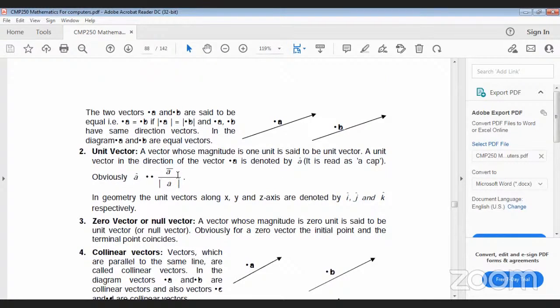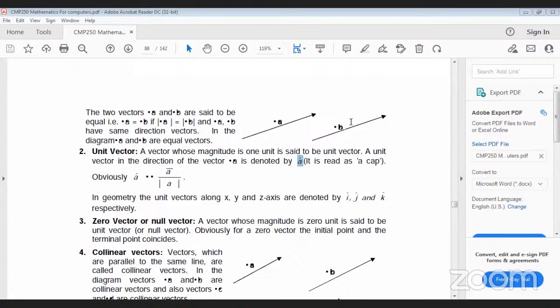It is represented by A cap, in this form. And the formula for that is A cap equals A vector upon magnitude of A vector.